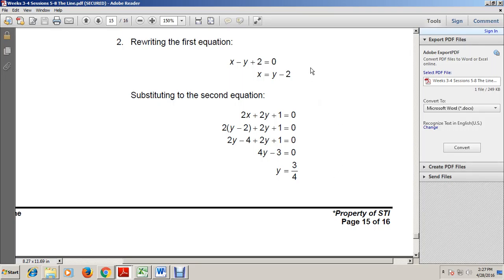Again, the idea for substitution is to represent one of the given variables in terms of the other.